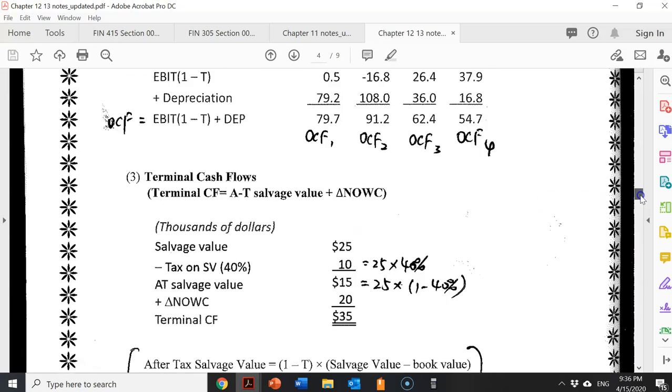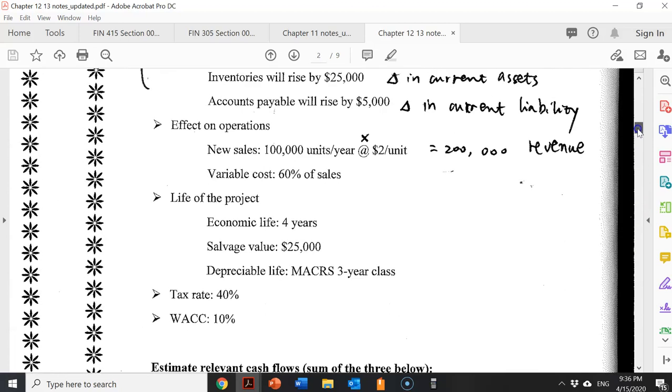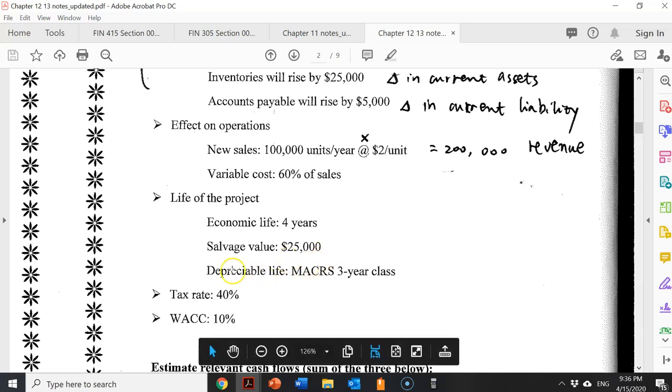Again, it's given in the question that the salvage value of this firm is 25,000 at the end of the project.